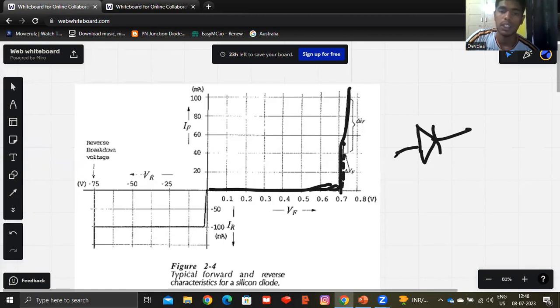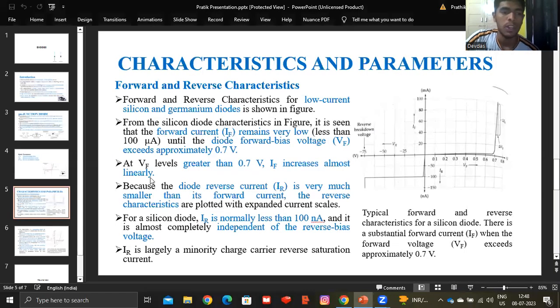A drastic change in the current. This point, 0.7 volt, is referred to as the voltage drop or the forward voltage drop. When a circuit reaches the forward voltage drop, there's a linear increase in the current. At VF levels greater than 0.7 volt, IF increases almost linearly.